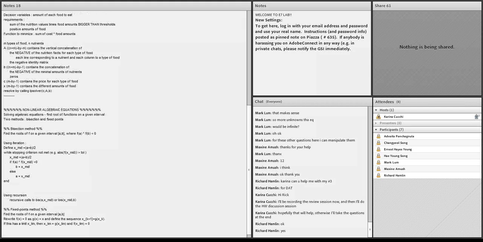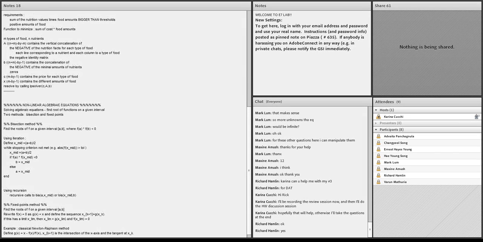So you saw an example of the fixed point method. You saw the classical Newton-Raphson method. In this method, g of x was defined to be x minus f of x divided by the derivative of f at location x.